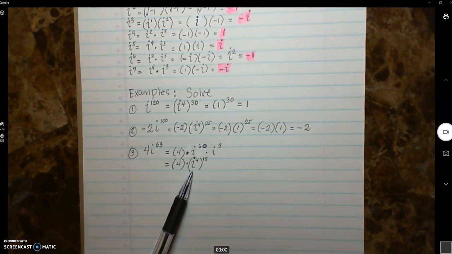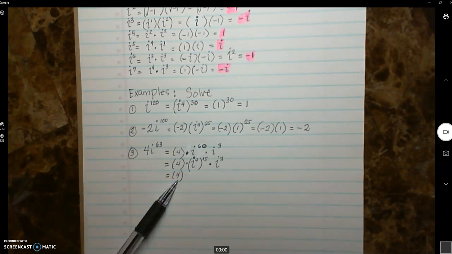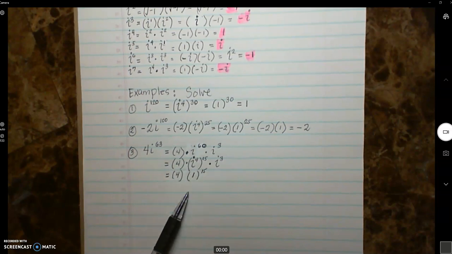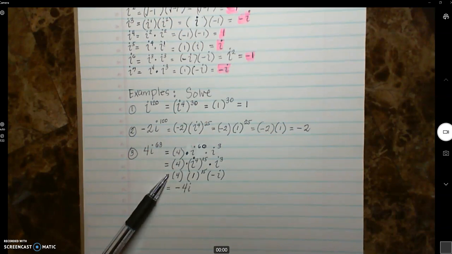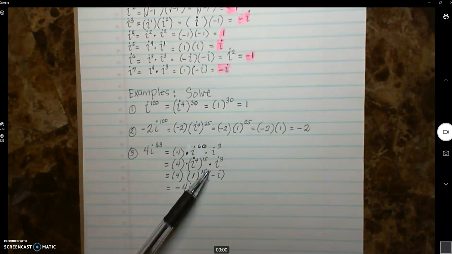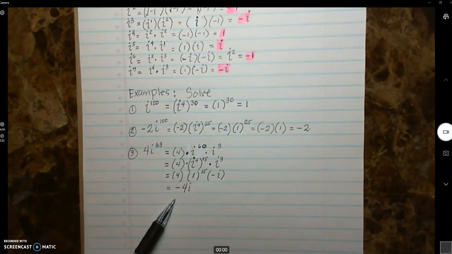Express 60 in terms of i to the 4th, all in parentheses, and then to the power of 15. Then bring down i to the 3rd. Copy down i to the 4th. This part right here will just be 1 to the power of 15. And then i to the 3rd is negative i, and then you simplify. 4 times 1, that whole thing will just be a 1, times negative i is negative 4i.